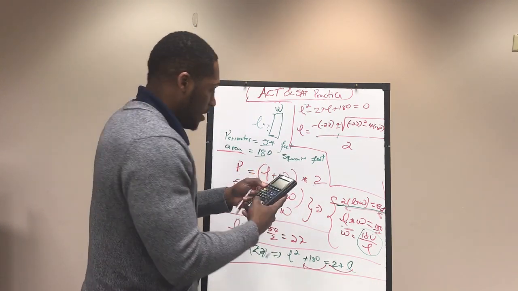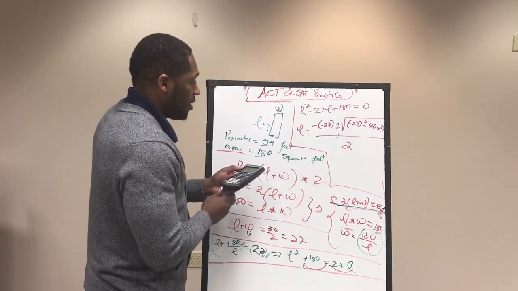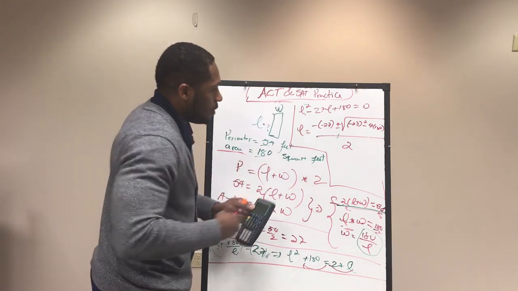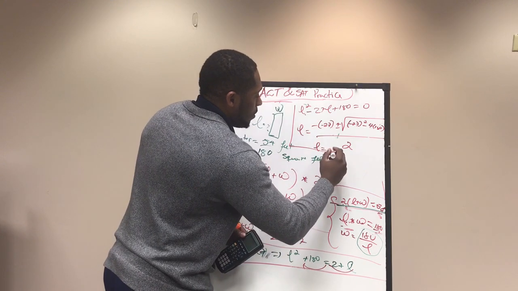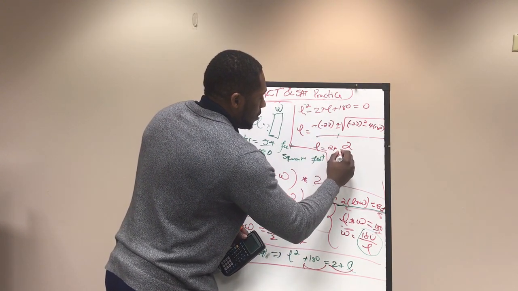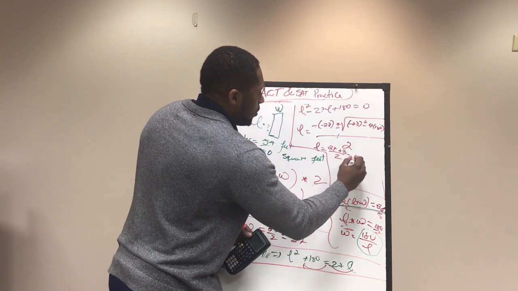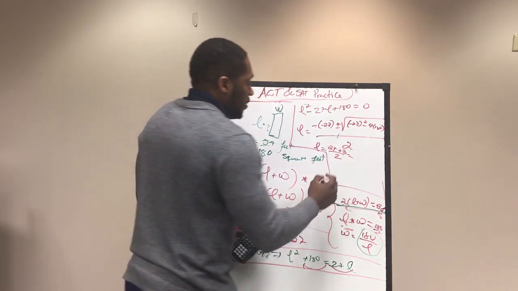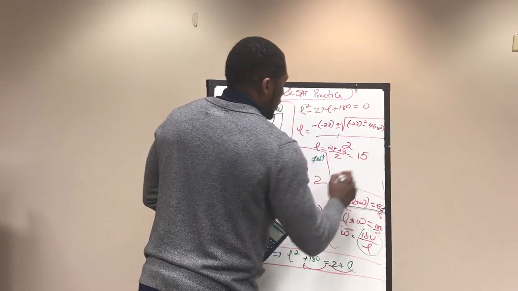Square root of 9 is 3. So that gives us L is equal to 27 plus 3 divided by 2. 27 plus 3, 30 divided by 2, 15.